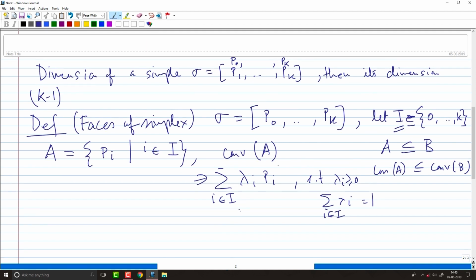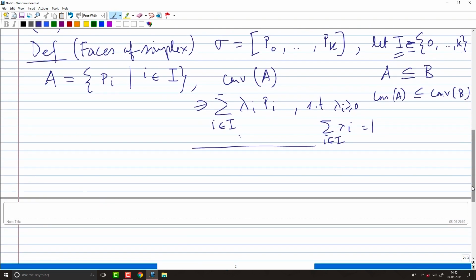These are linear combinations of the p i's only. I can make the indices go from 0 to k only, by making those lambda i's not in capital I equal to 0. Try to convince yourself that the convex hull of A will be a subset of sigma.